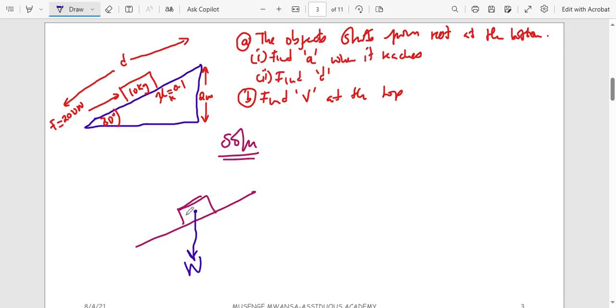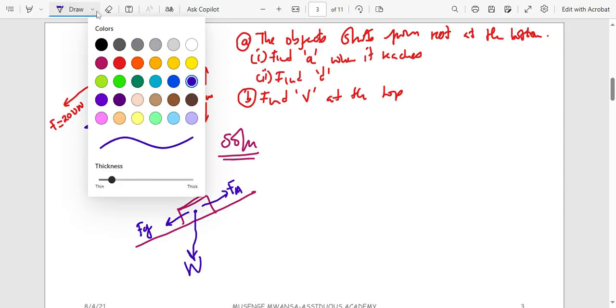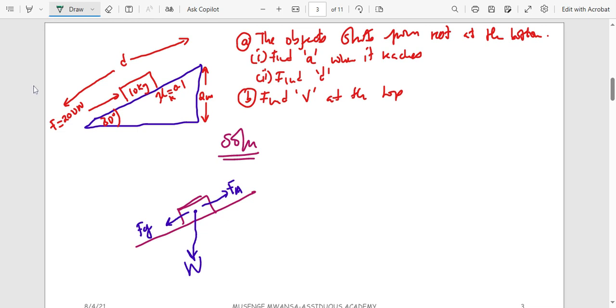For any object that is on an incline, it is going to have a force pulling it downwards. That is Fg. And then I've got a force that is pushing this object forward. That is applied force. Now, because we have got mu k, that tells us that we have got friction. Friction is a force that acts against the motion. Because I'm pushing this object going upwards, therefore, friction is going to be going downwards.